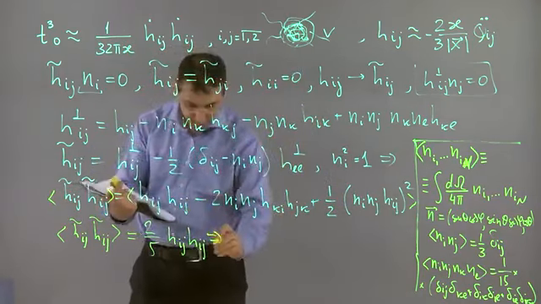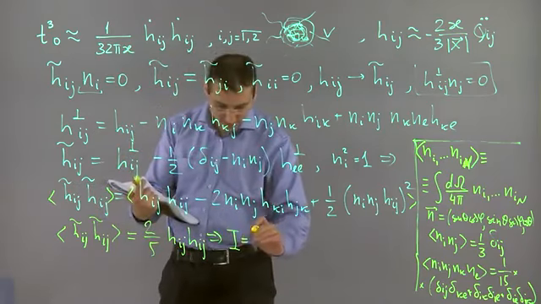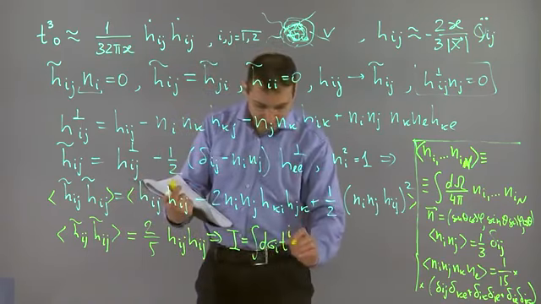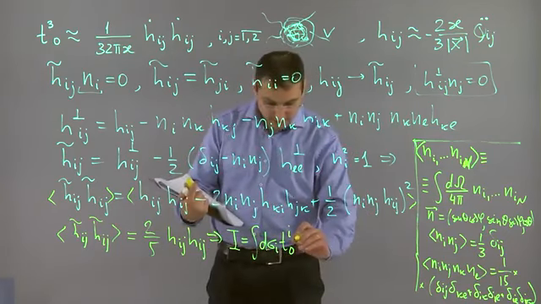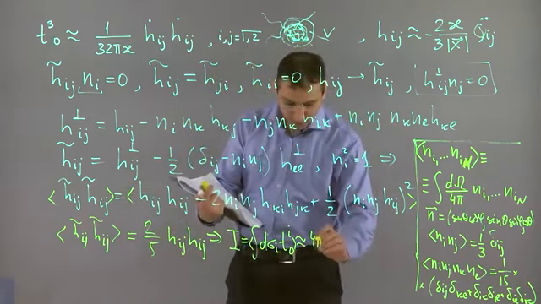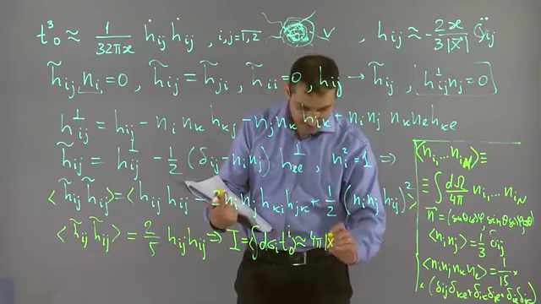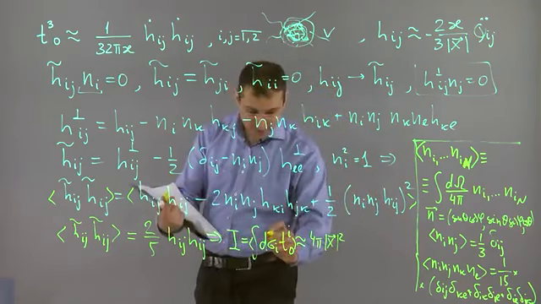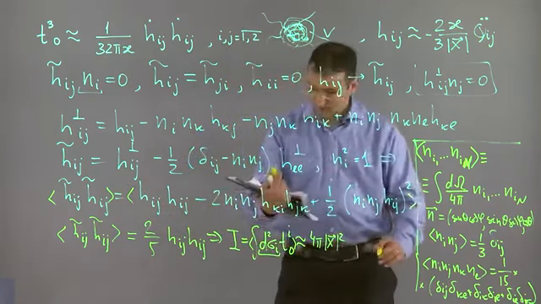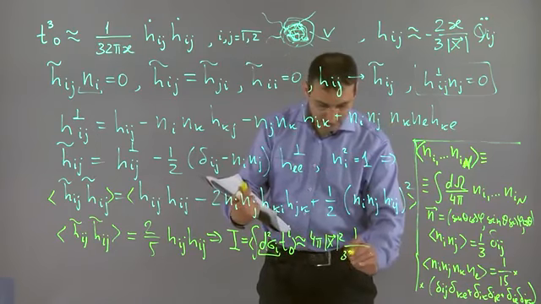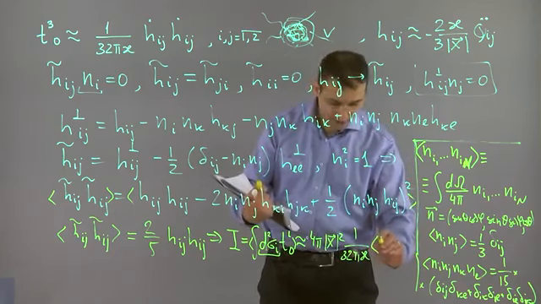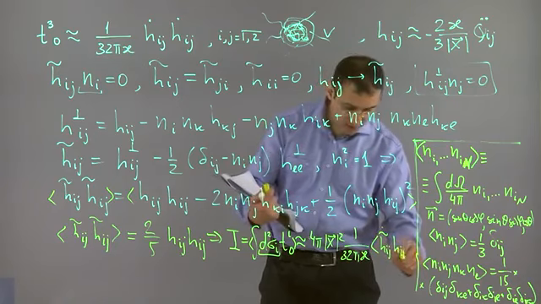As a result, the total intensity, which is the integral over d sigma I, averaged, is approximately equal to 4 pi times x squared, which is the area element at distance x, times 1/32 pi kappa times the average of hij twiddle dot, hij twiddle dot.